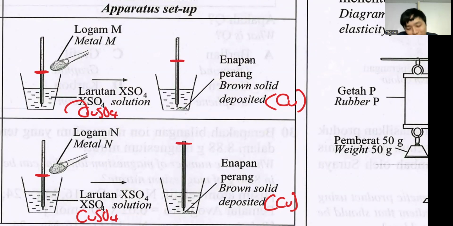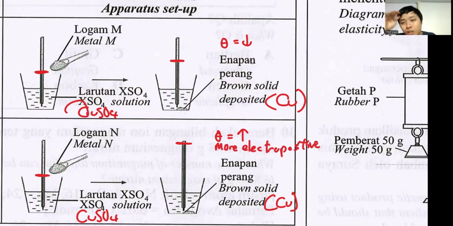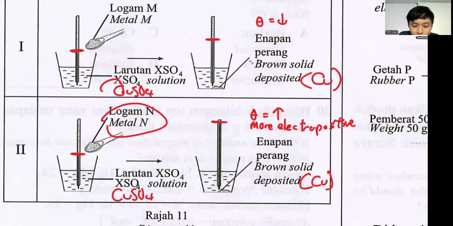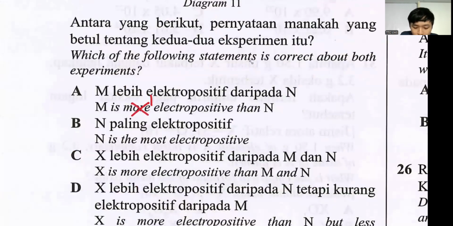So obviously this one is higher, this one is lower. Metal M lower, metal N higher. Higher means normally the metal is more electropositive. Normally it's magnesium or on top. So you can say metal N is more electropositive than metal M. This one is wrong. M is less electropositive. N is the most electropositive.